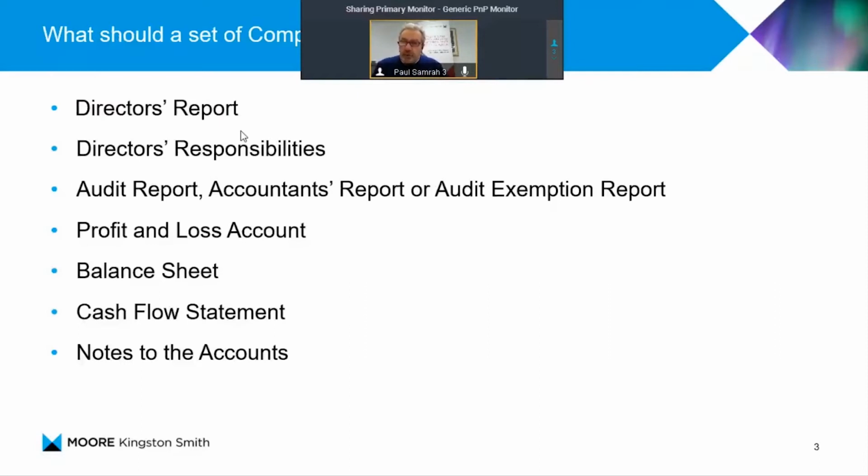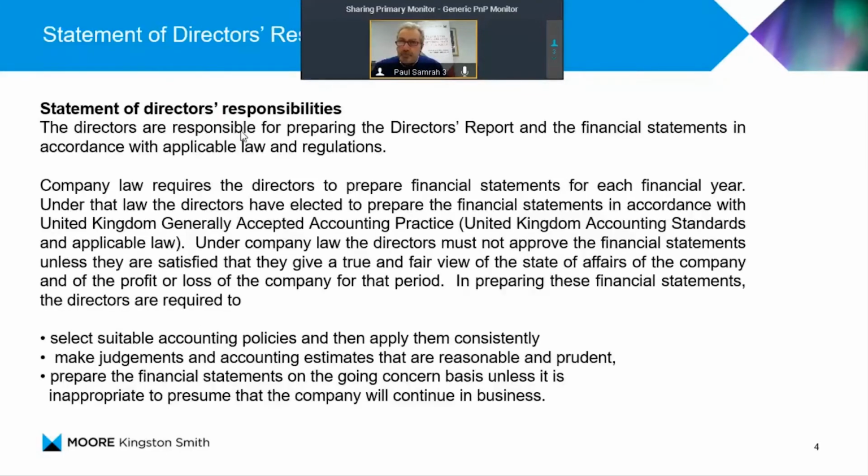Then we have the profit and loss account, the balance sheet, possibly a cash flow statement, depending on the size of the business, and notes to the accounts, which contain a lot of information. And if you're like me or like any other accountant, you're fascinated by reading a set of accounts because you can pick up so much about a business.